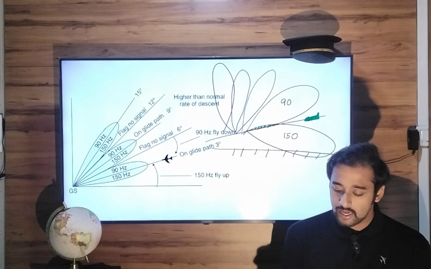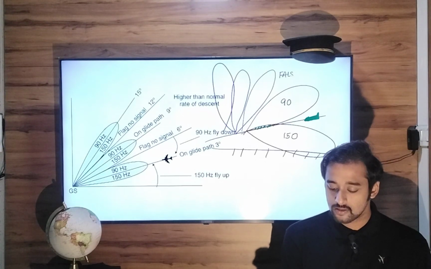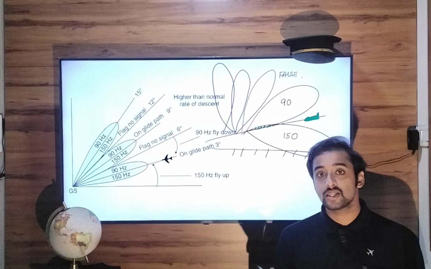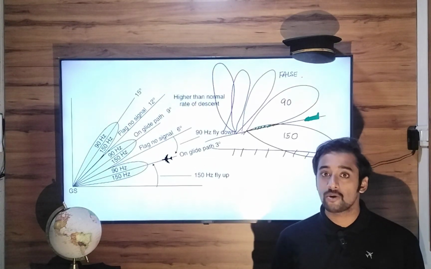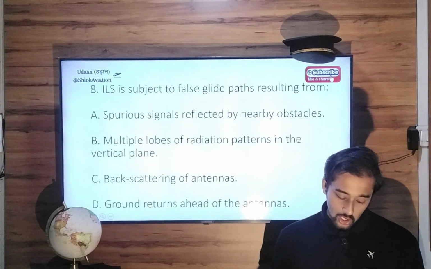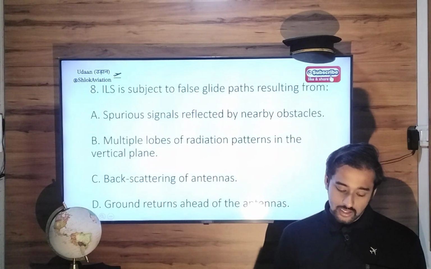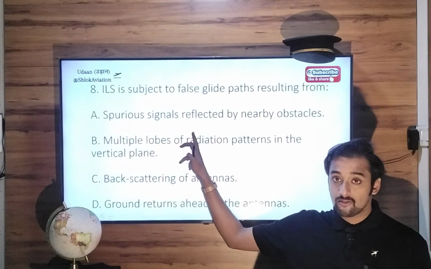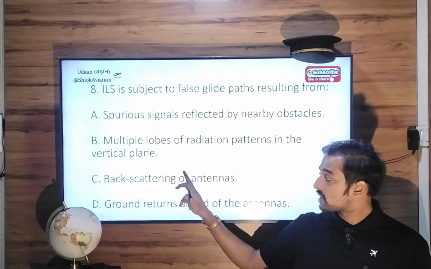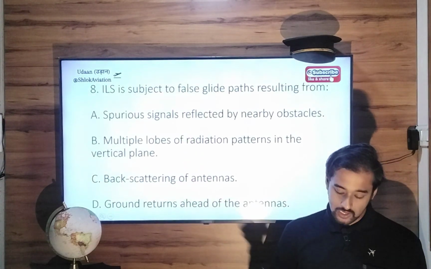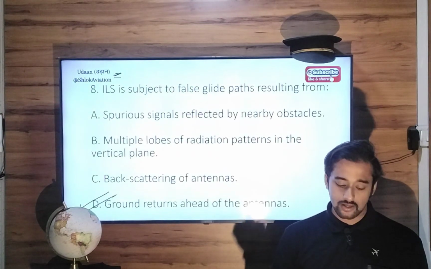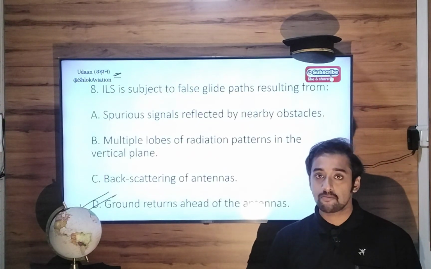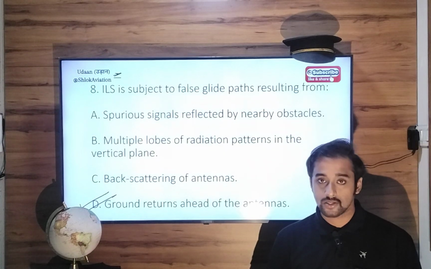Okay, so that is due to the ground interference or ground reflection. So correct option will be spurious signals reflected by obstacles, multiple lobes in the vertical plane, backscattering of antennas, ground returns. So this is the correct answer. ILS is subject to false glide paths resulting from ground returns.